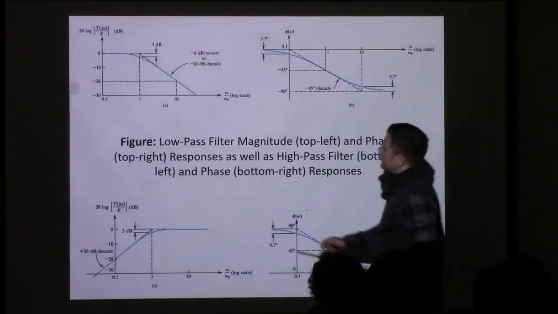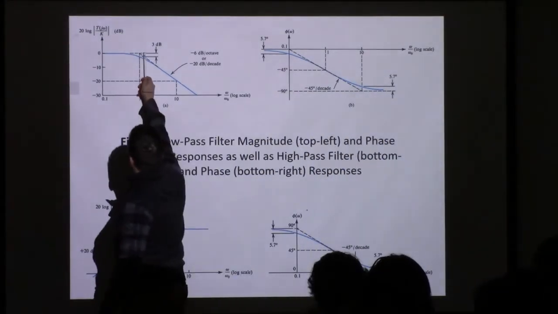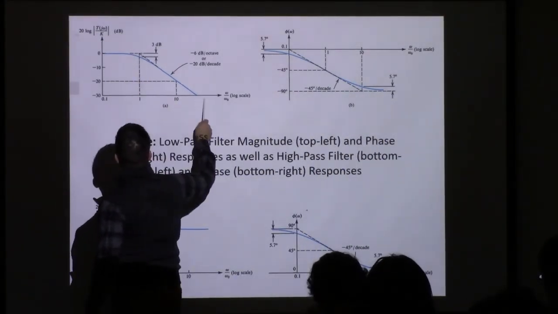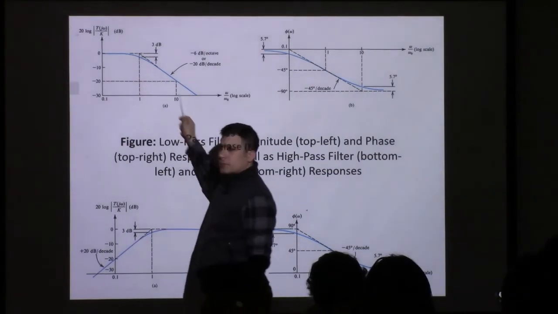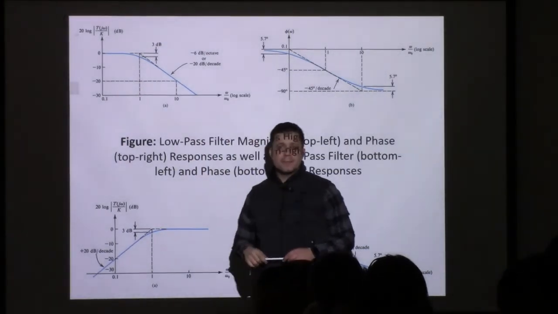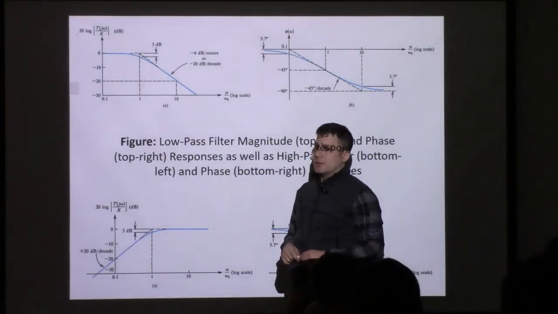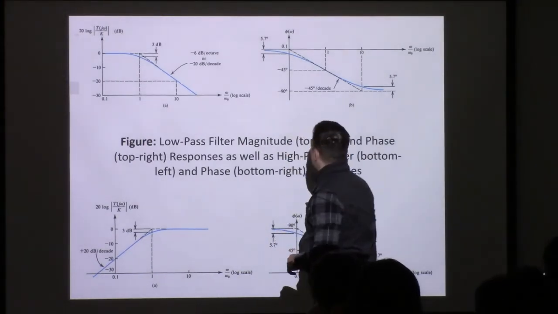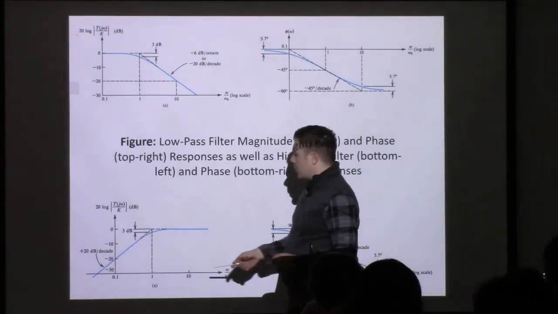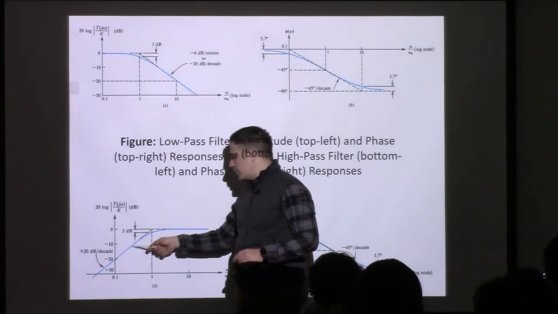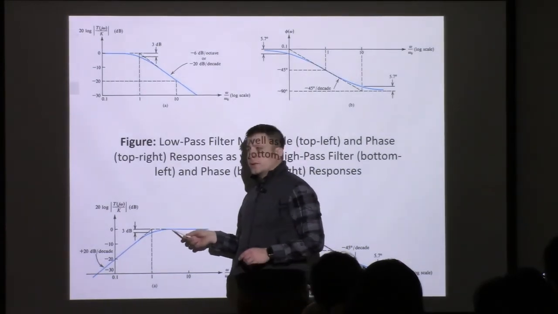So here, this is the corner frequency. This is essentially the inflection point at which the gain begins to decrease. We also use the term corner frequency over here for the high-pass filter, which is the point at which the gain flattens out.